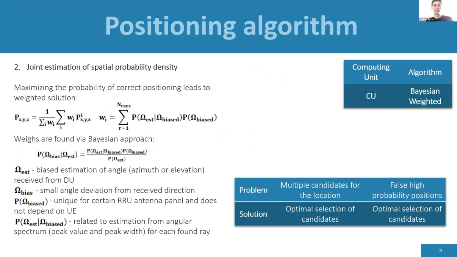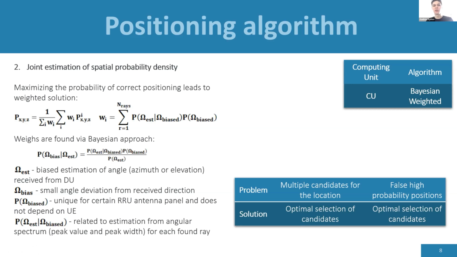After we estimated the angle of arrival at each unit, we send this estimate to the central unit, which estimates the joint spatial probability density. It's made by weighting each position by some weight omega, which can be found by the Bayesian approach, which is commonly known.